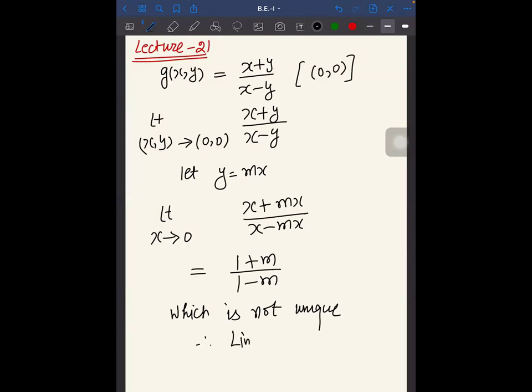Therefore, the limit does not exist, of course, at (0, 0). Are you getting this? Yes, sir.